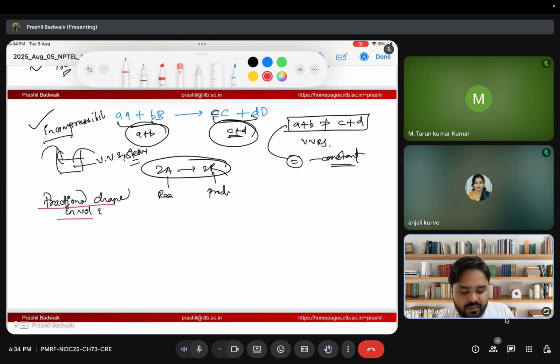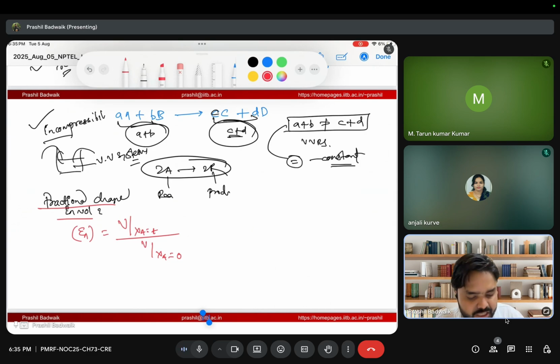Here it is defined as epsilon A, and it is fractional change with respect to initial. So we take reference as the initial volume. When conversion, that is XA, which we already talked about in the previous class, is equal to 0, and when conversion XA is equal to 1 at time t, that means the entire reaction has happened.